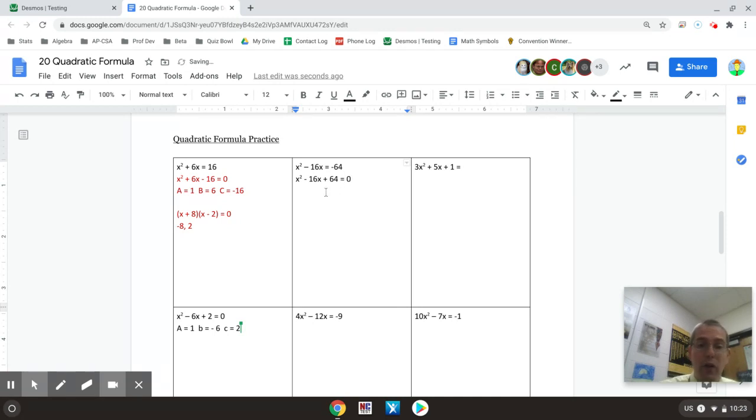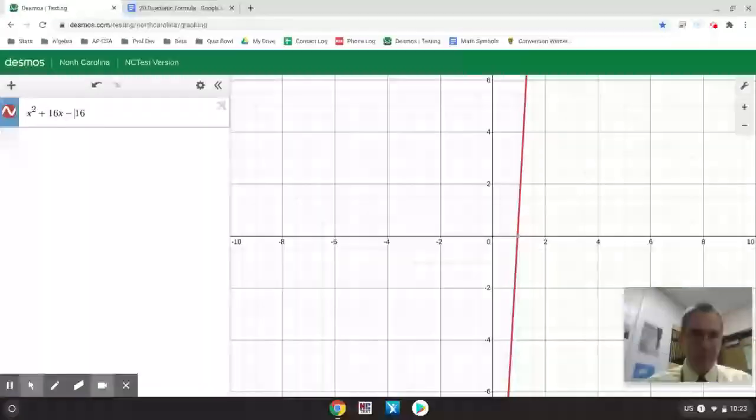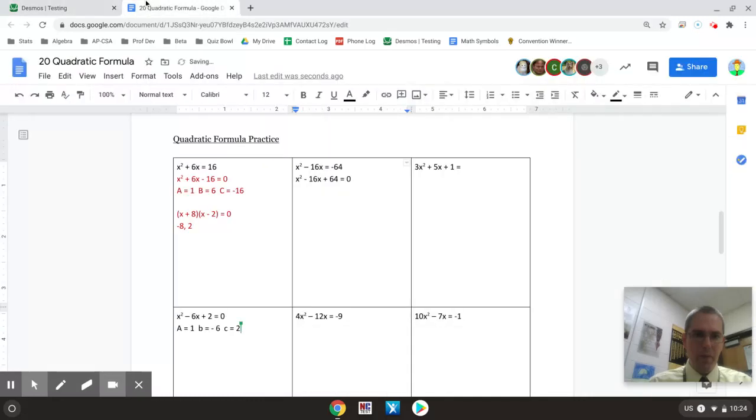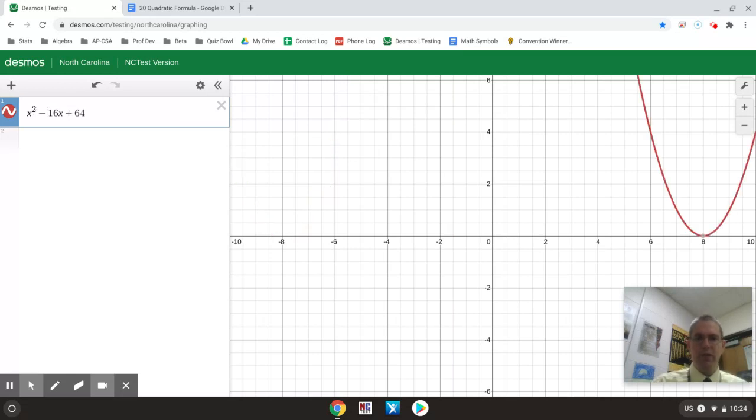If I was doing quadratic formula, A is 1, B is negative 16, C is 64. But I'm going to check it in Desmos just to see. x squared, and I think it was a minus 16 and a plus 64, but I'm going to check it just to be sure. Yes, it was. So make that a minus 16 plus 64.